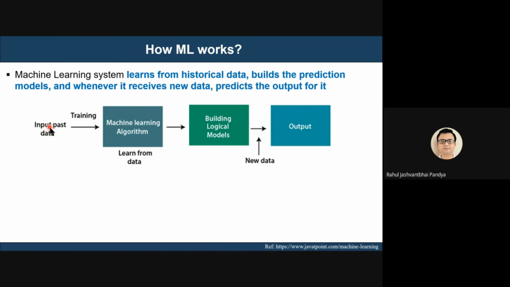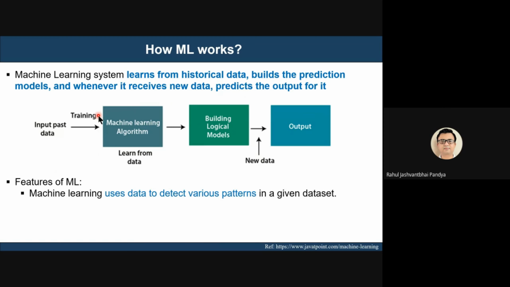Such as, let's say, during exam preparation, our mind will try to build the logic and train the model so that during the exam, when a question comes, we try to produce the outcome based on our previous training.